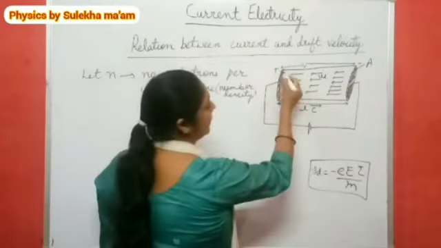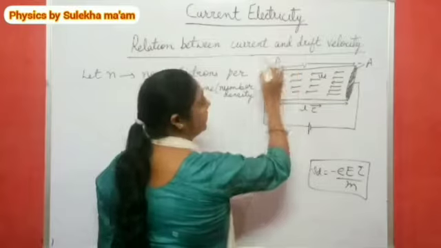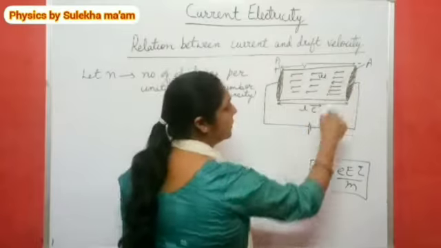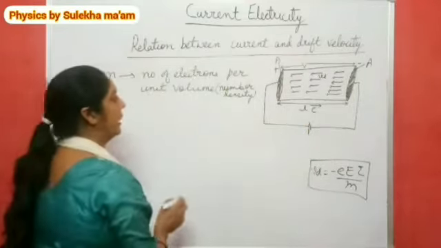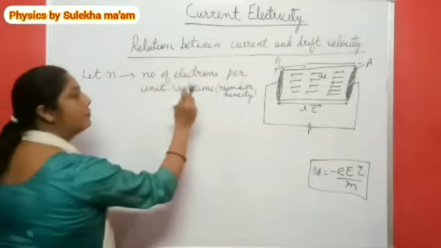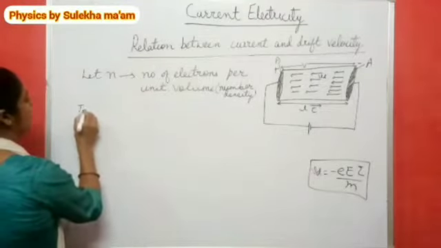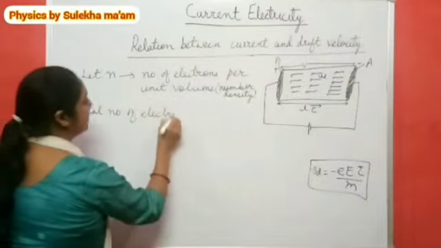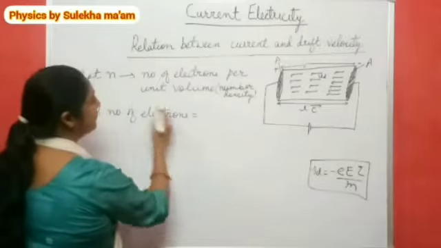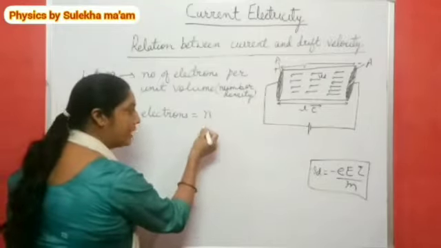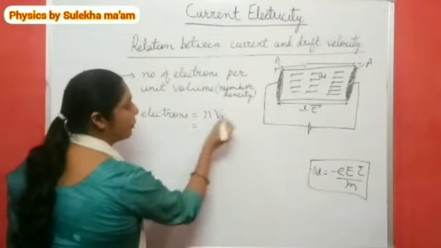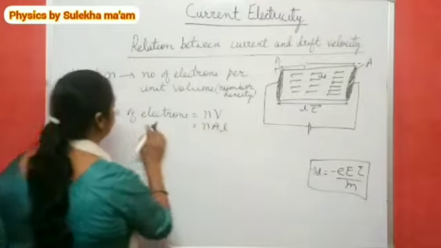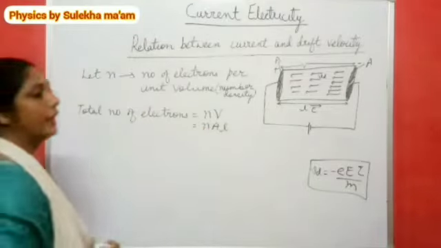A is the area of cross section of this conductor and L is the length of the conductor, so the volume is A into L. And n is the number of electrons per unit volume, so the total number of electrons inside the conductor becomes n into volume, and volume is area into length. So n A L. This is the expression for the total number of electrons.